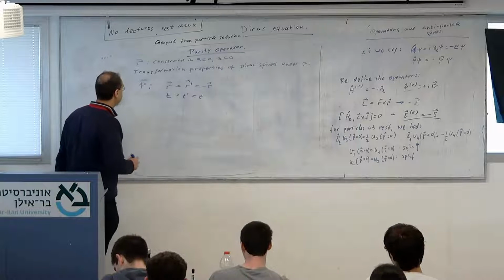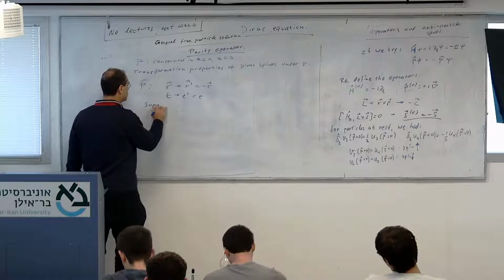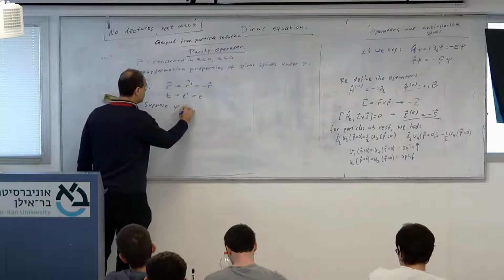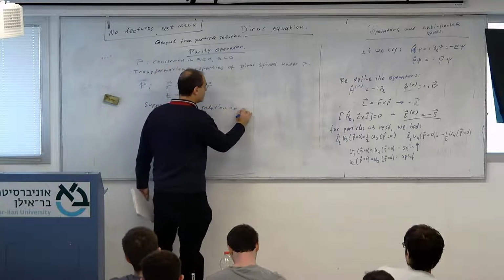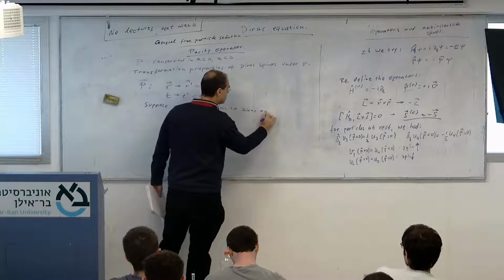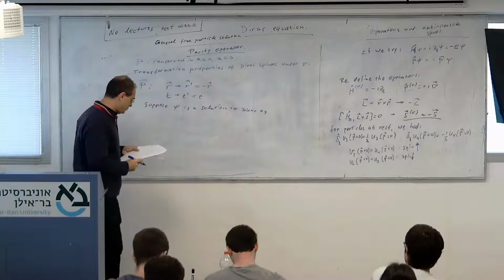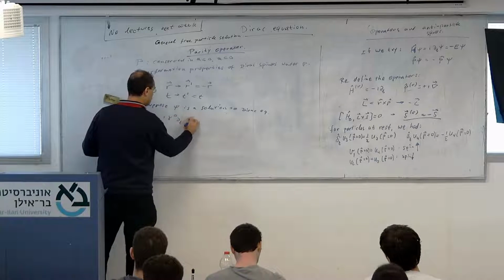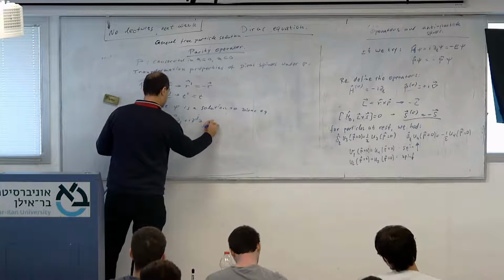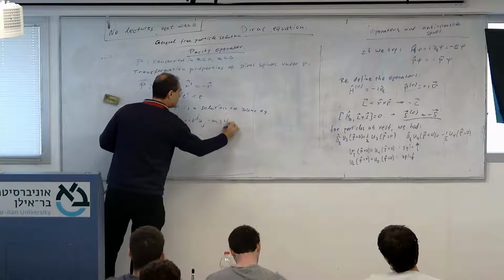Okay? So, suppose psi is a solution to the Dirac equation: i gamma^0 d_t plus i gamma^j d_j minus m, acting on psi, is equal to 0.